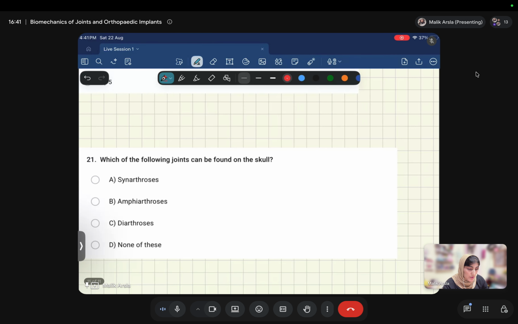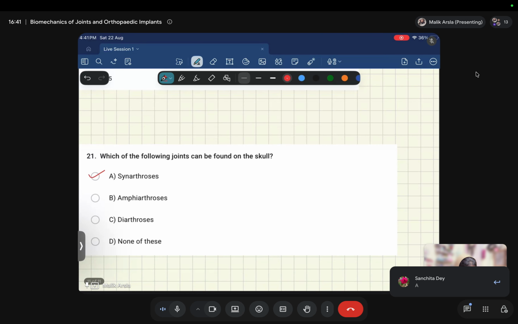Okay, so now this one is the final question of this session. Which of the following joints can be found on the skull? We have already discussed it. It is synarthrosis. Okay, because you can see that in our skull there are relatively immovable joints.